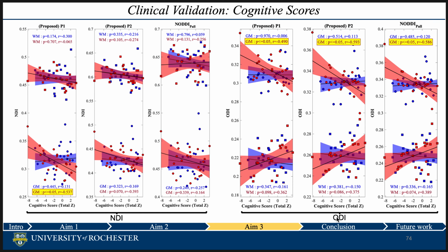For ODI, or orientation density parameter, the significance levels between these protocols did not change, and the trend was the very same. But for NDI, we again observed that the gray matter with P1 was actually following a significant trend for this HIV positive group, and that trend was getting lost with the other two protocols here.